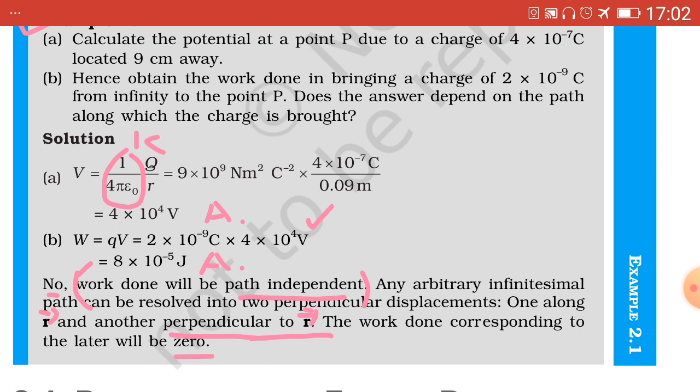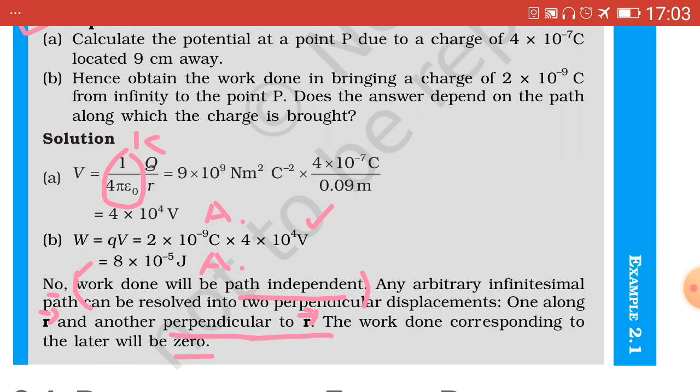Now it is given here that any arbitrary infinitesimal path, means as small as possible, taken according to your choice, can be resolved into two perpendicular displacements, one along small r vector, that is position vector, along means parallel, and another perpendicular to small r vector. For the perpendicular component, cos 90 degree will be 0 because it is the dot product.